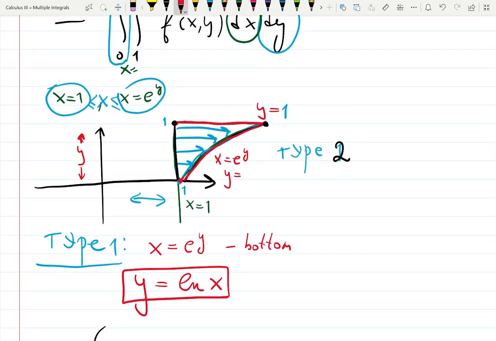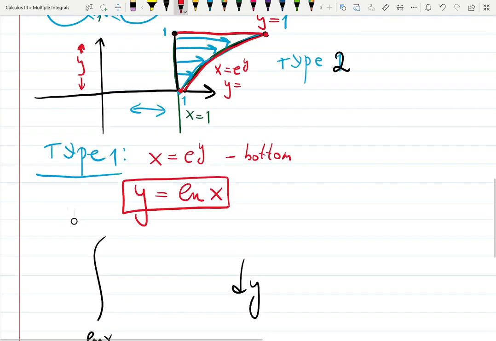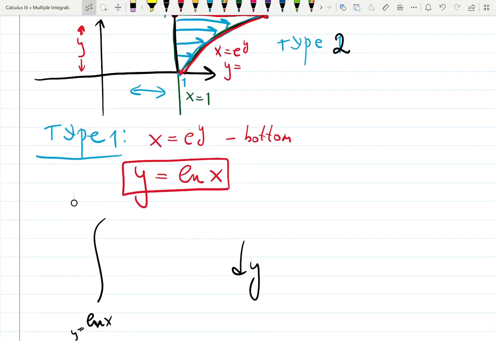So we don't even have to solve for it. It's already there. And you can check that it is matching. When y is 1, it intersects with x equals e to the 1. So it makes sense. Now, it's going to be till the ceiling. And the ceiling is y equals 1. So to the 1. We are done with dy.